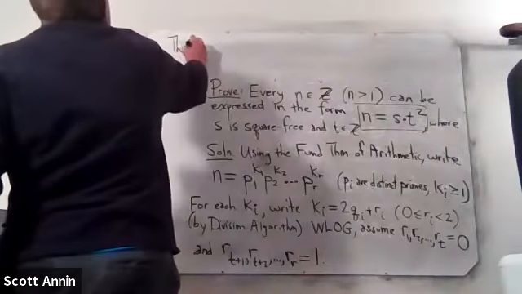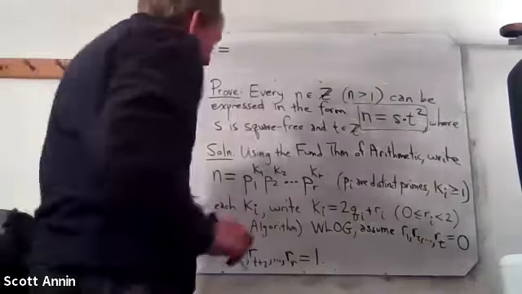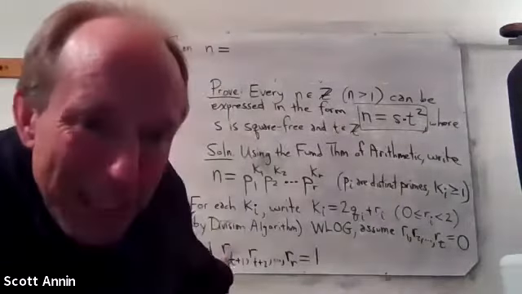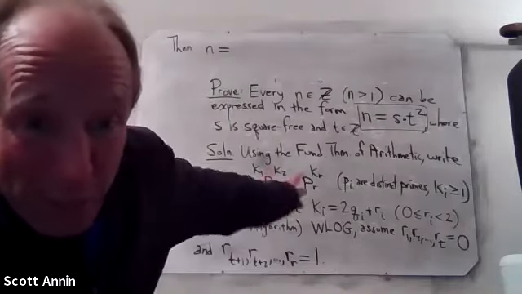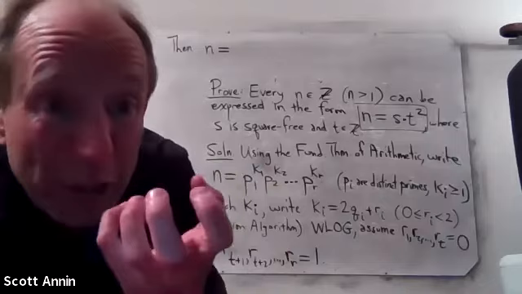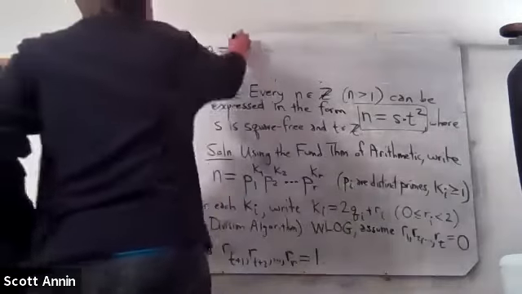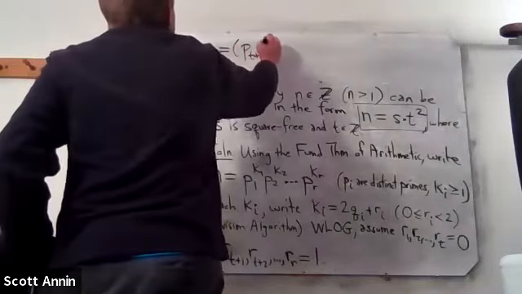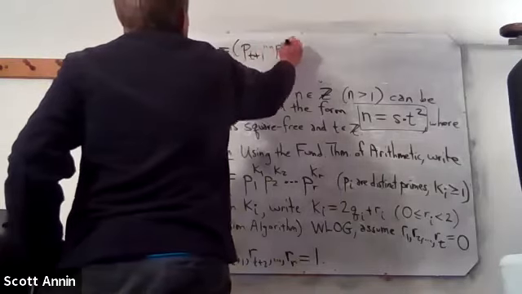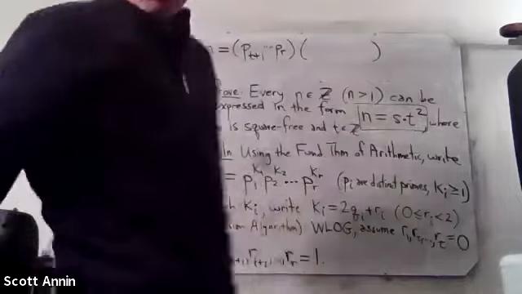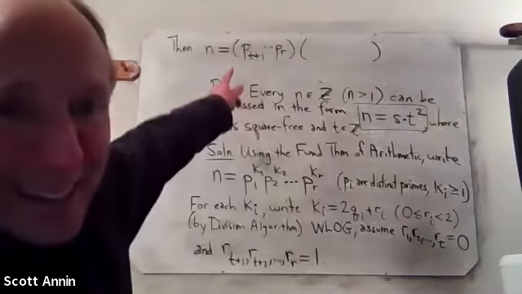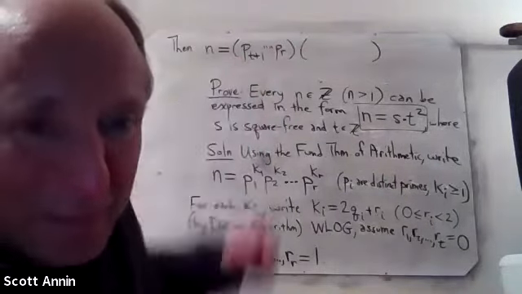So then n is equal to, for all of these primes that had an odd number of occurrences, the exponent was odd. We're going to grab one of those for each one of those. So I'm going to put p t plus 1 up to p r right there. Those are just all of the primes that occurred an odd number of times.